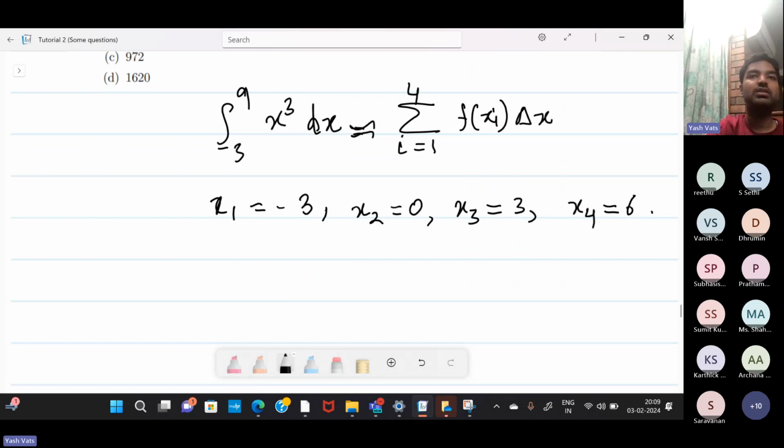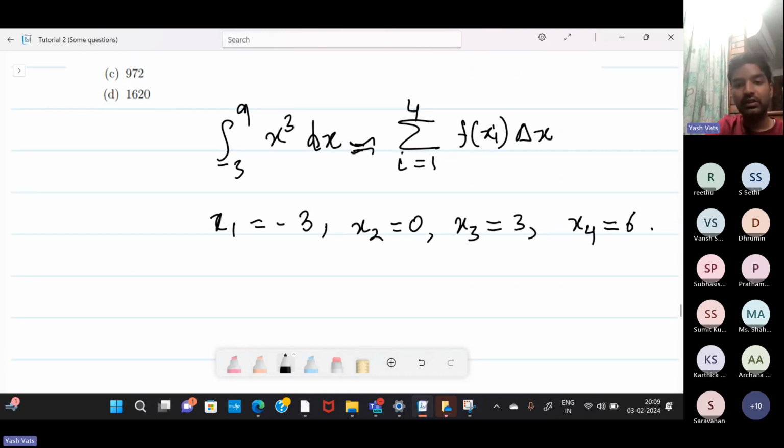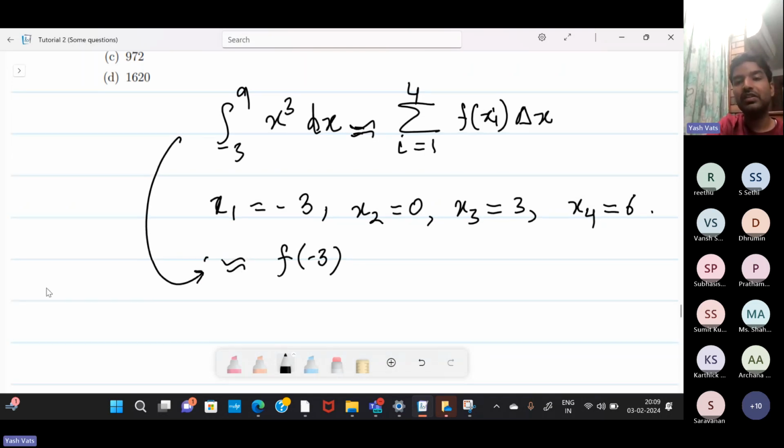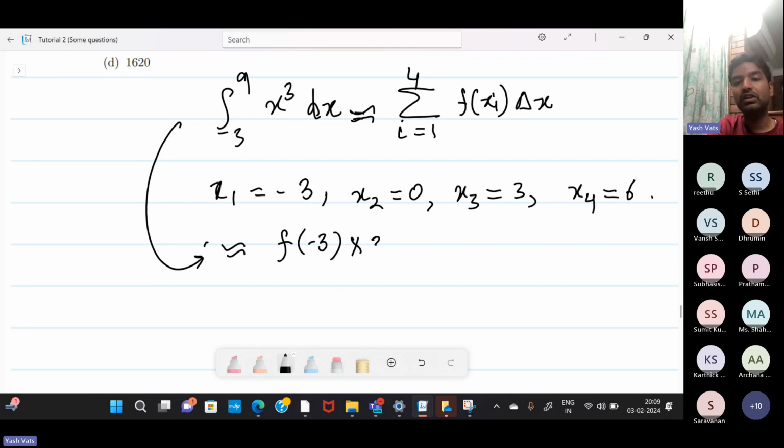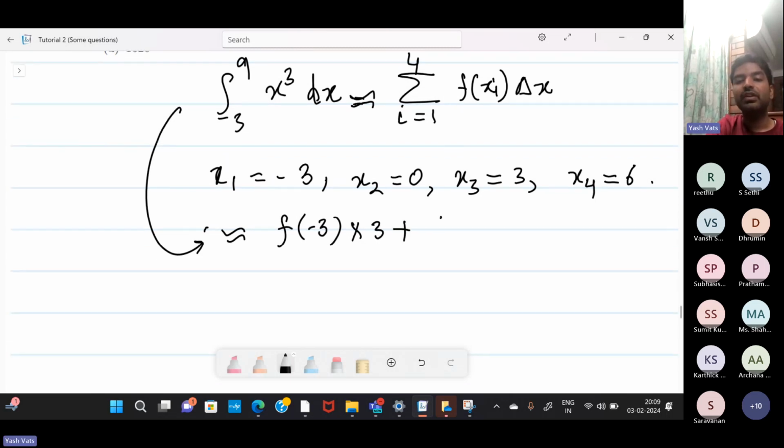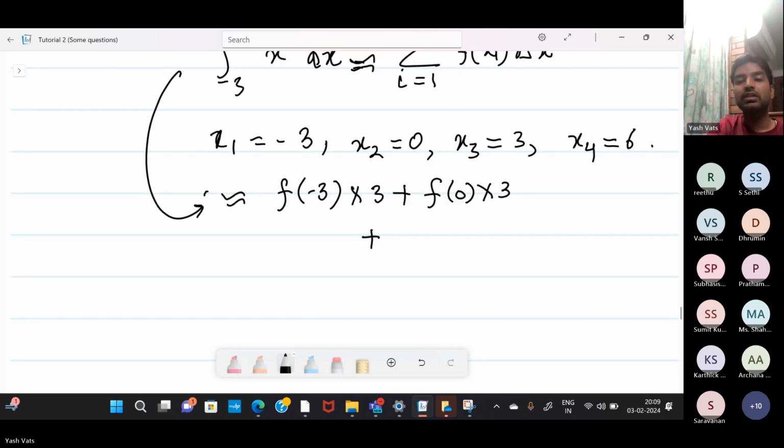Yes. So just substitute these values. The integration is approximated by f(-3) times 3 plus f(0) times 3 plus f(3) times 3 plus f(6) times 3.